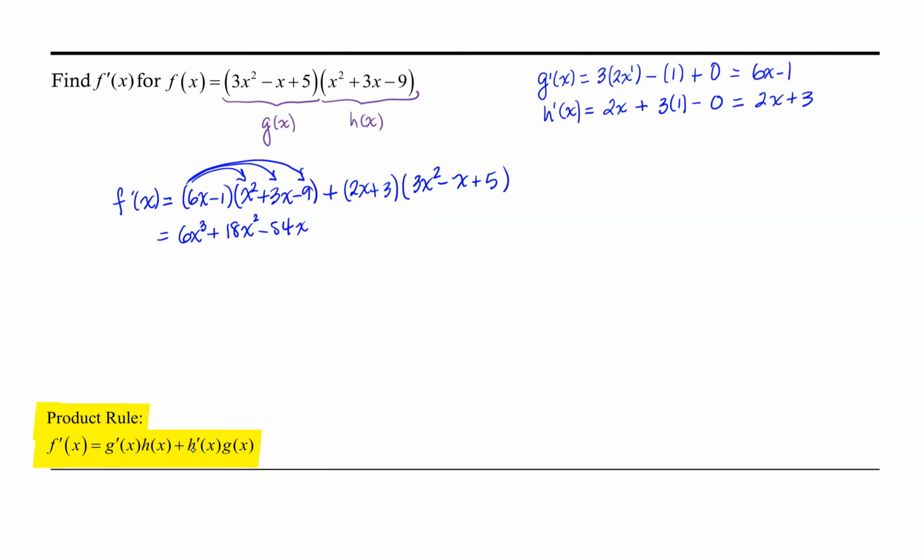Now, multiplying by negative 1, we get negative x squared minus 3x plus 9. So that's using the distributive property for our first pair of factors.